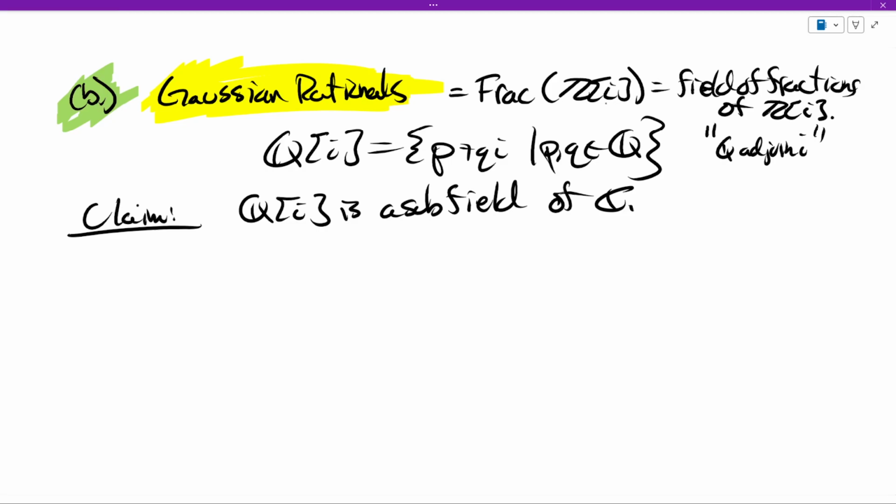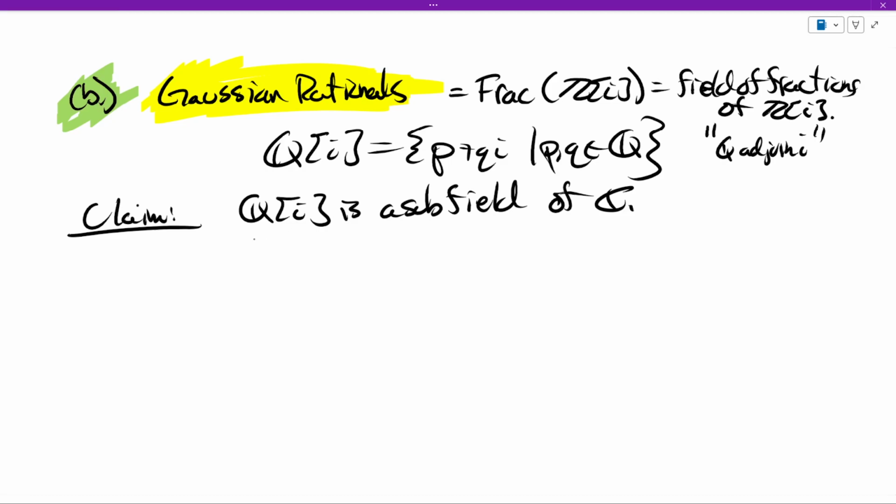I could choose to produce the field C from Z adjoin i, but that's somehow not natural. We relied on the fact that Z adjoin i was a subset of C to do that. But there's a natural way of producing a field from a domain, called taking the field of fractions. When you do that to the example from the previous video, you get the Gaussian rationals. That's not relevant for this example, but there is some algebra going on in the background.